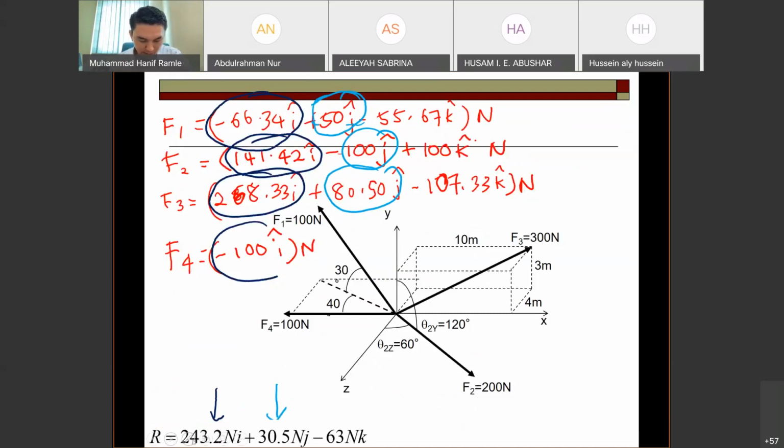And the last one is z component, and you will get this answer. Okay, is it same? It's all correct, doctor. Okay, great.